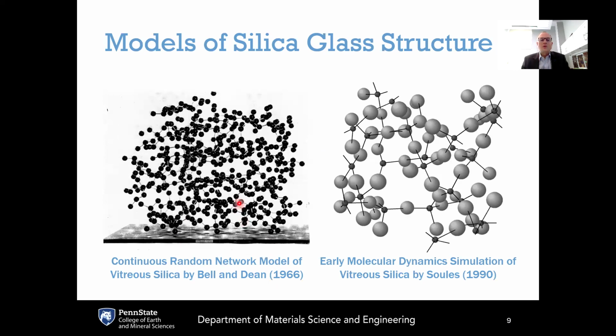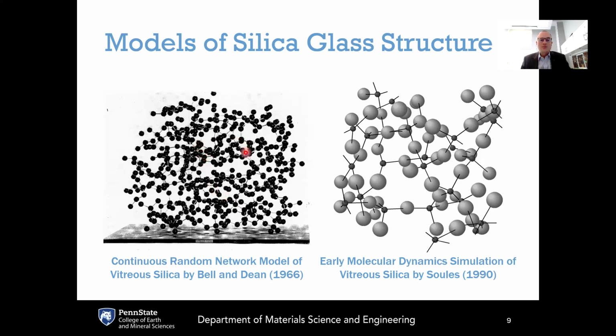This is an actual tabletop model of the structure of fused silica, where they took these principles of each silicon being bonded to 4 oxygens, each oxygen being bonded to 2 silicons, having rigid intra-tetrahedral angles and a greater flexibility for the inter-tetrahedral angle. And they used that to basically take Zachariasen's rules and implement them in a real tabletop model.